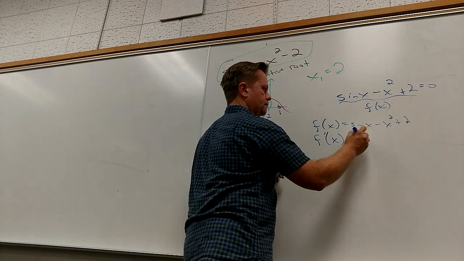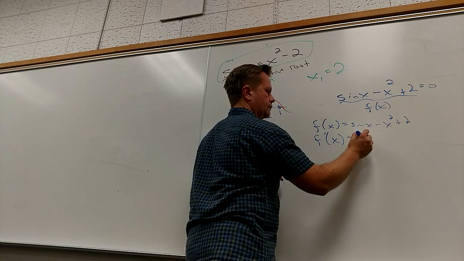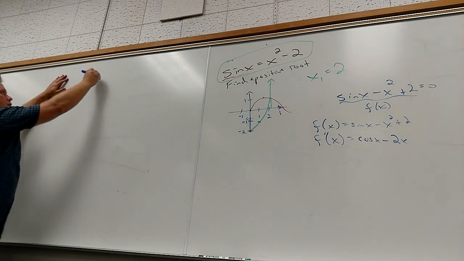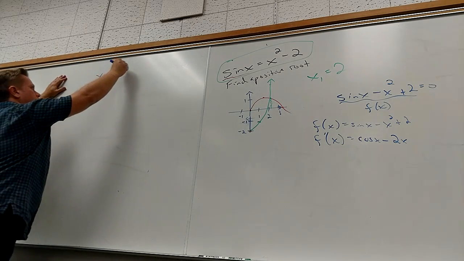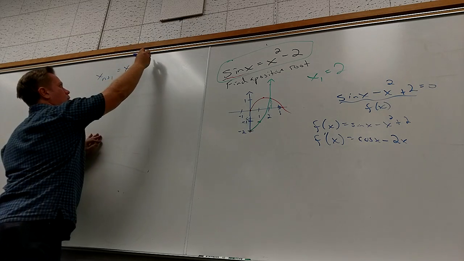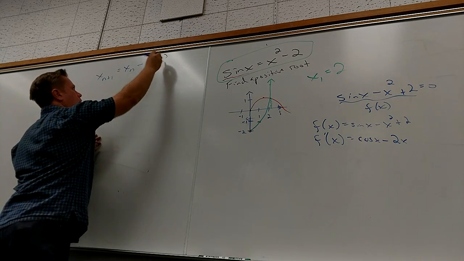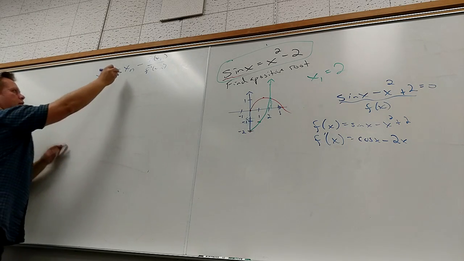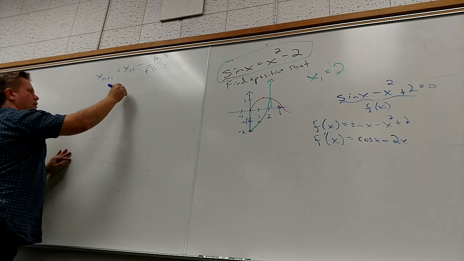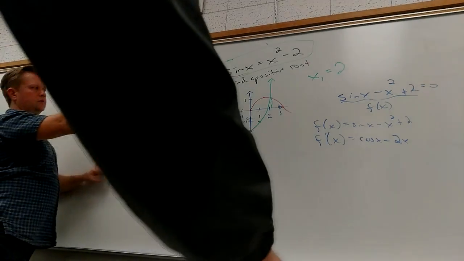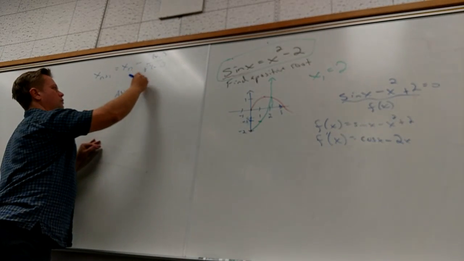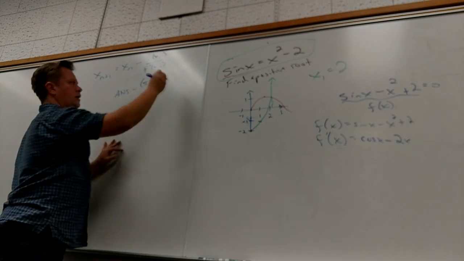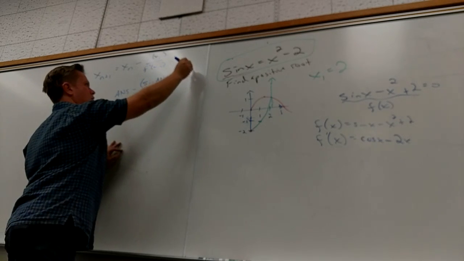What's f prime? Cosine x minus 2x. So then I want to do it in general. I could say this is going to be answer minus sine answer minus answer squared plus 2.